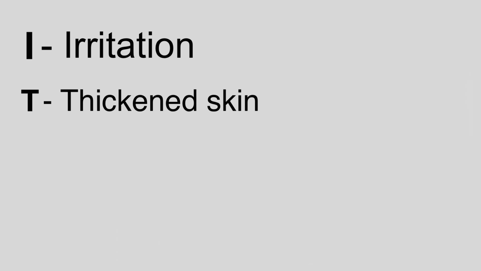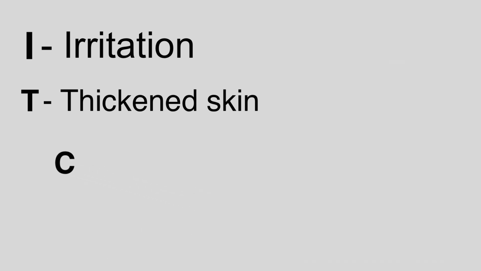Let's make this easier to remember with a mnemonic, okay? The one I use is HITCH. I'm going to break it down for you. I stands for irritation, which is a constant itch that makes the patient feel quite miserable. T for thickened skin. This happens when the eczema has been around for a while, so you get a thickening of the skin.